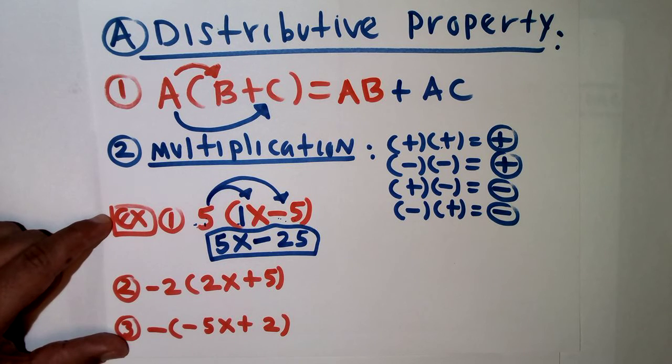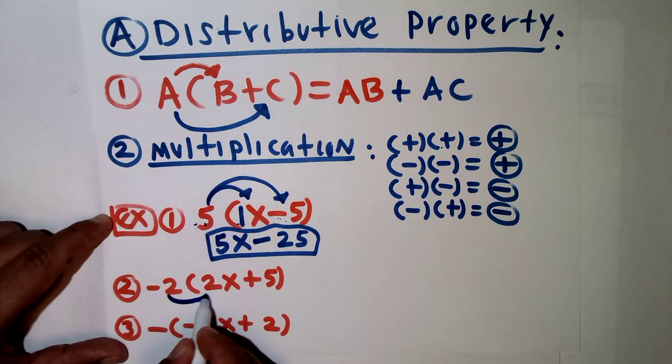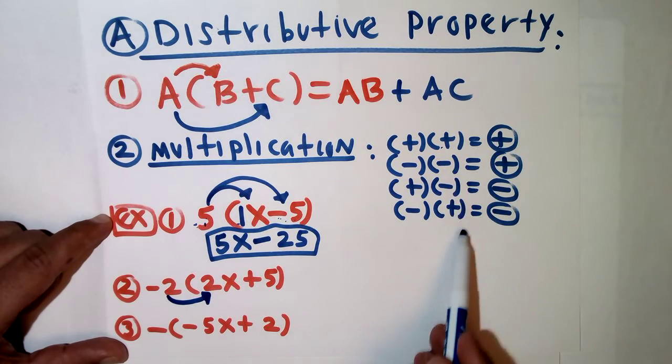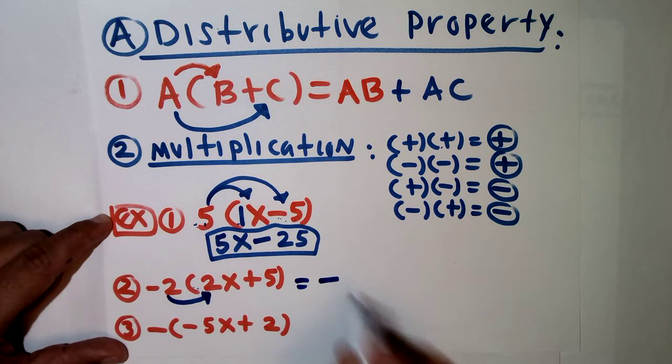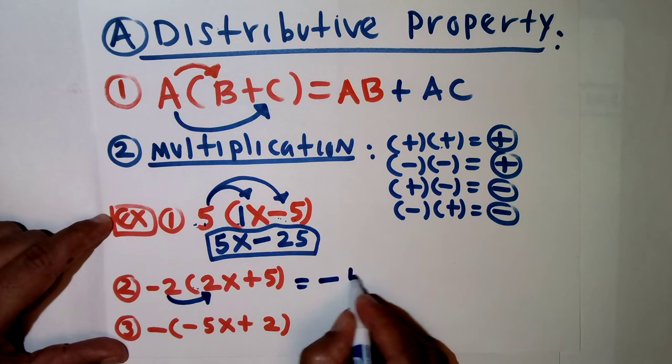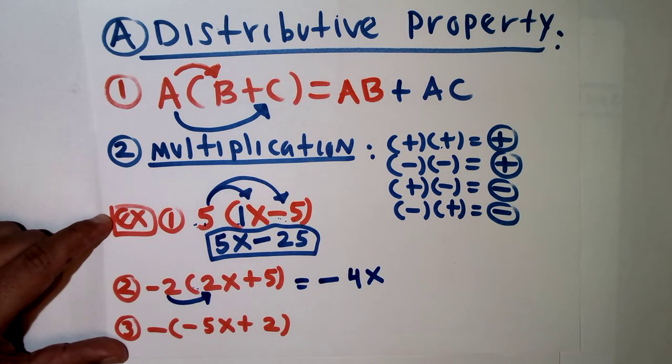All right, let's move to the next one: negative 2, parentheses, 2x plus 5. Just like before, you need to start with these two, and don't forget the rules. This is negative and this is positive, so they're different. So you know you're going to end up getting a negative in the beginning. Take that out of the way. Now, what is 2 times 2x? 4x.